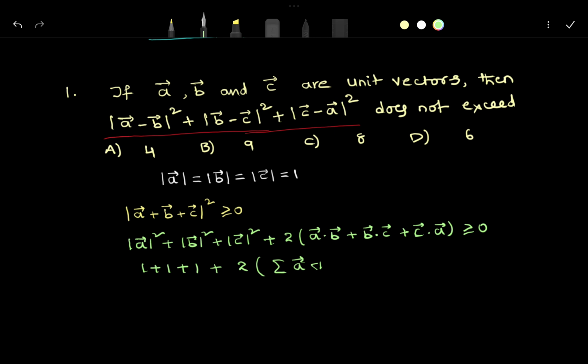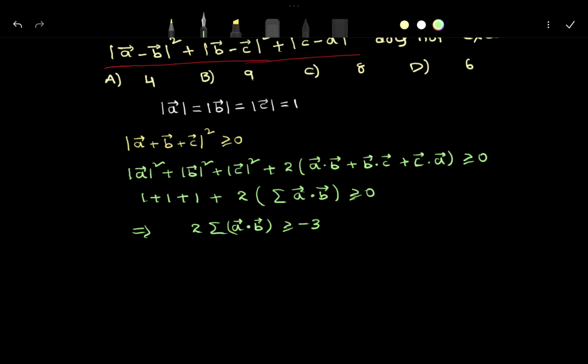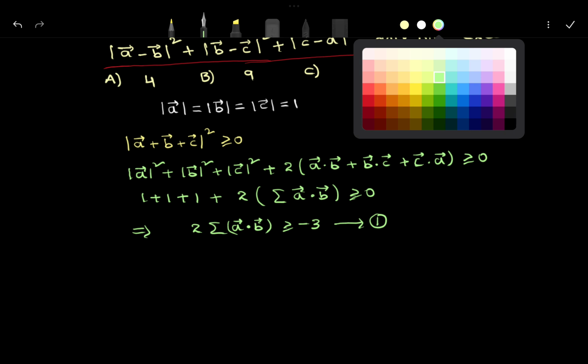So you can write the above expression like this: 2 into sigma a bar dot b bar is greater than or equal to minus 3. Let it be equation 1. I hope everyone is clear on this.